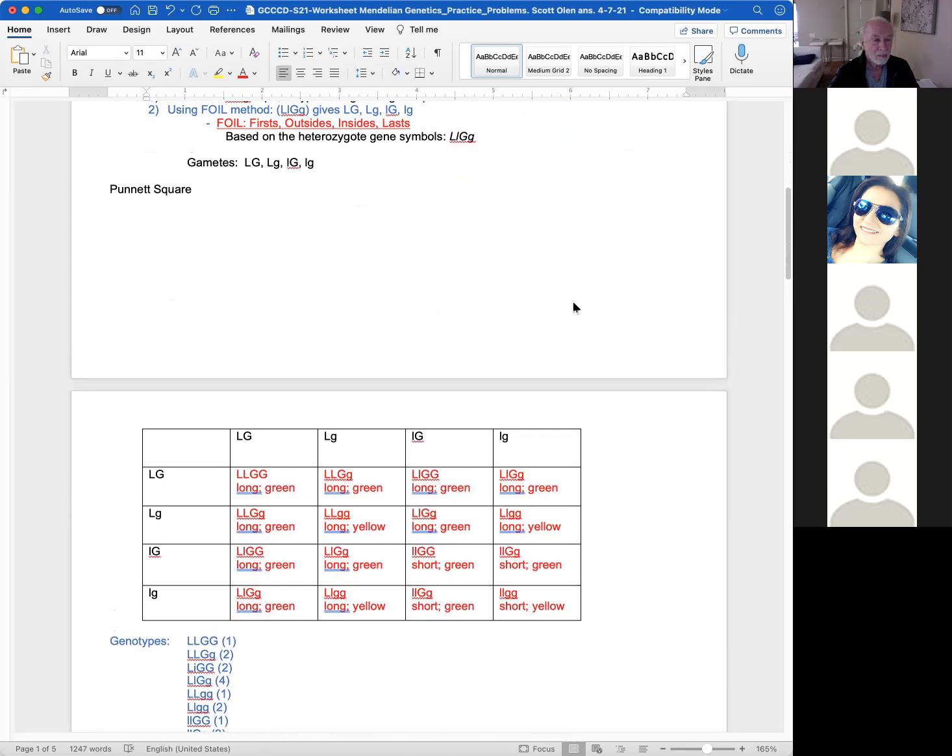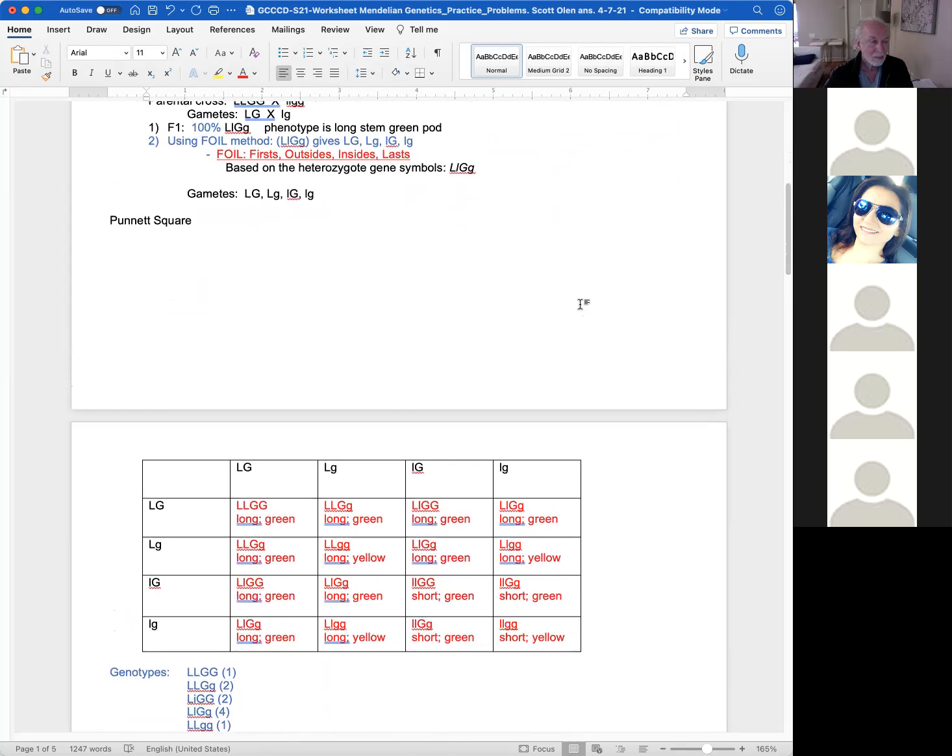I like to use something called the FOIL method. It's similar to what you learned for FOIL in math. FOIL stands for first, outer, inner, last. What you do is say big L, little l is one parenthesis set and big G, little g is the next parenthesis set. You look at the first two things, which will be a big L, big G. Then you look at the outermost things, which will be a big L, little g.